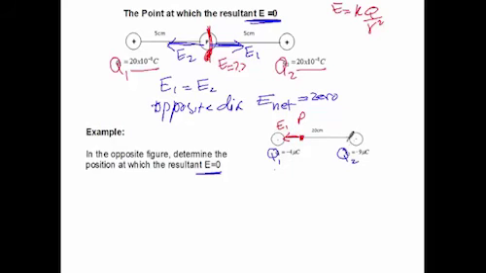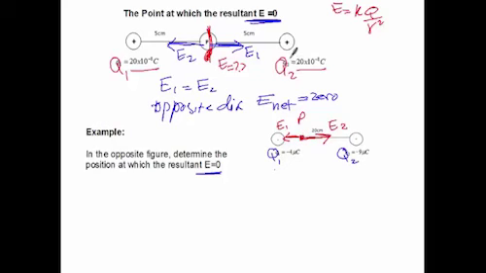Q2 is also negative, so E2 will also be toward the charge. It's very important to know that if you have positive and positive, or negative and negative, you can have a point in between where the net E equals 0.